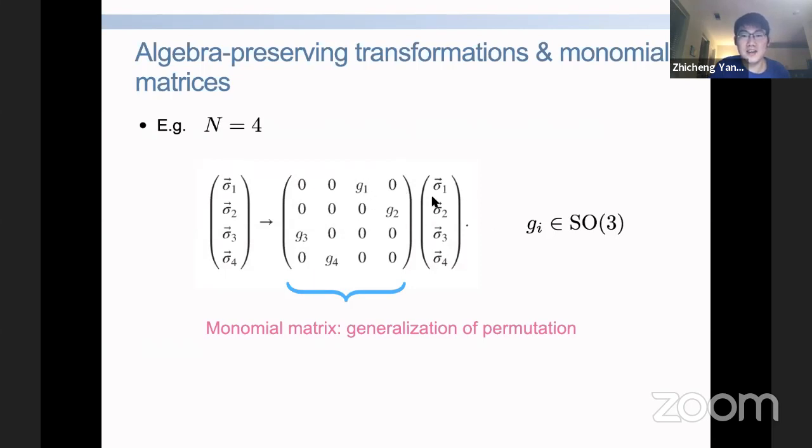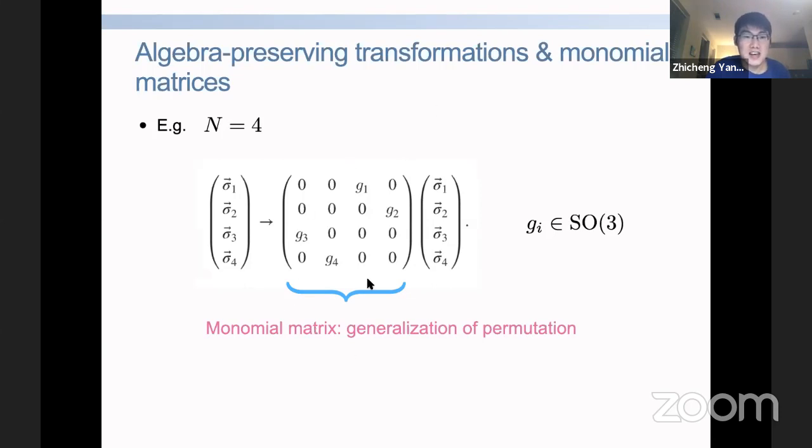Here the G_i are elements of SO(3). So you can see that this matrix is basically a single spin rotation, and this matrix is off-diagonal, so it also permutes the spins. And of course, this preserves the spin commutation and anti-commutation relations.